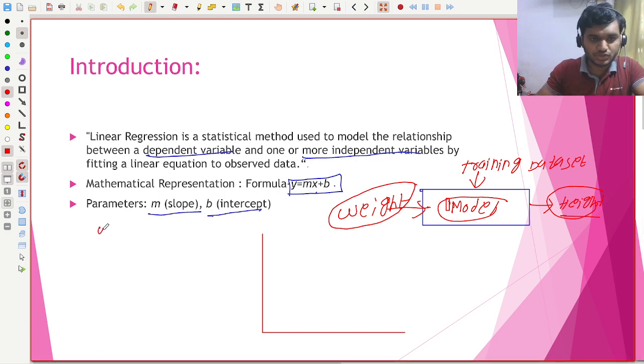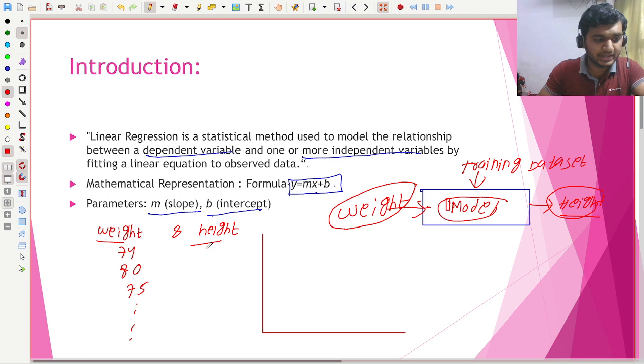Suppose a data set is weight and height. Given weights are 74, 80, 75, etc., and heights according to weight are 170, 180, 170.